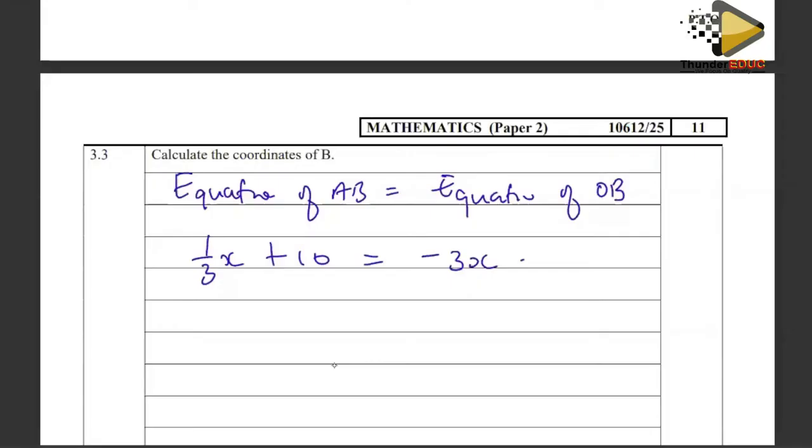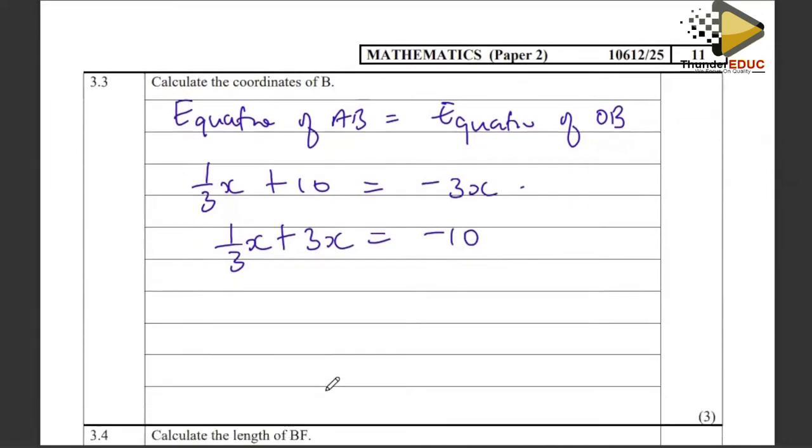Let me collect the like terms: 1/3 x plus 3x is equal to negative 10. When I do my magic here, I have 1x plus 9x, which is 10x over 3, equal to negative 10.